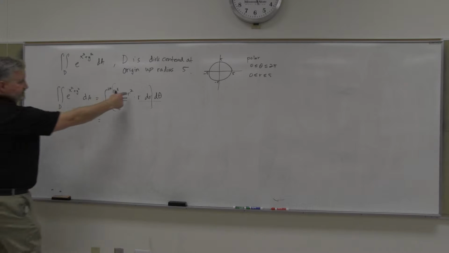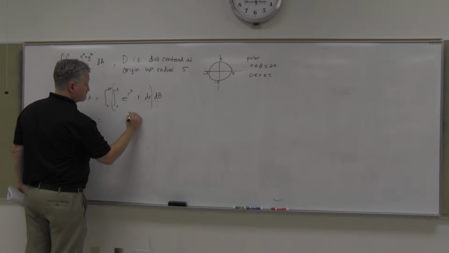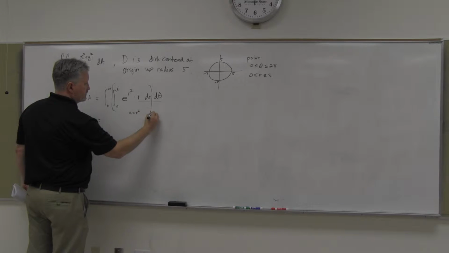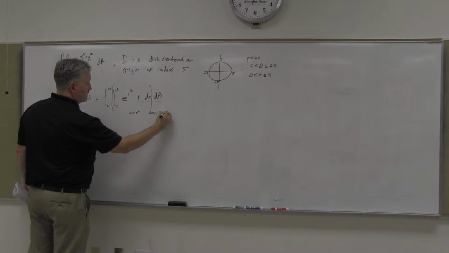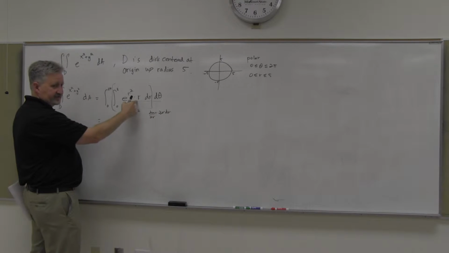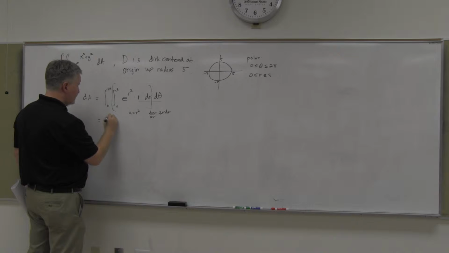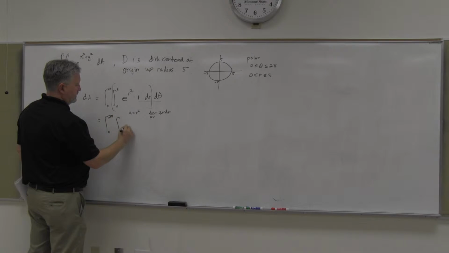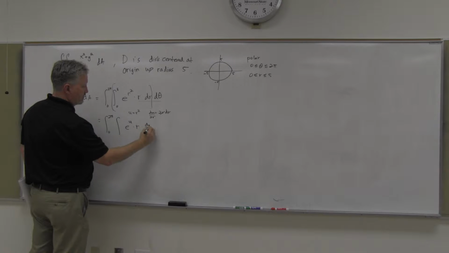U is r squared, and then du would be 2r dr. So du over 2r is going to cancel out that r. E to the u, and then we have r, and dr is du over 2r.